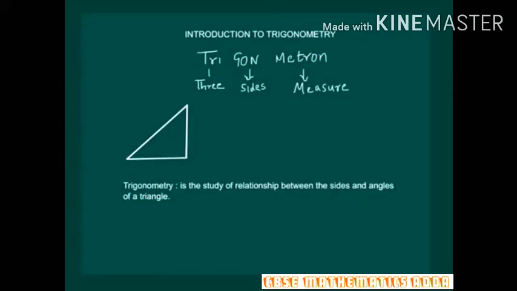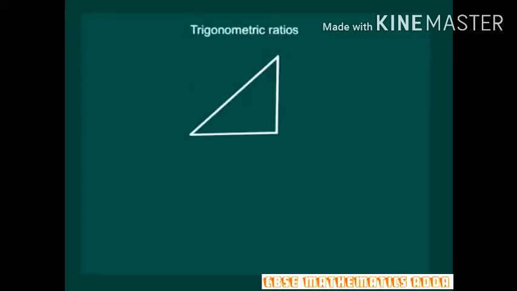So let us take the right angle triangle, and suppose this is the triangle ABC, right angle at B. Angle A we take as theta, and it is right angle at B, that means CB is the height and this is your angle A.